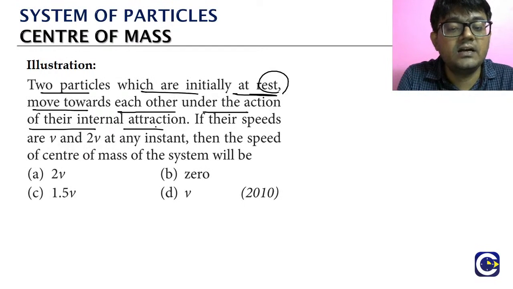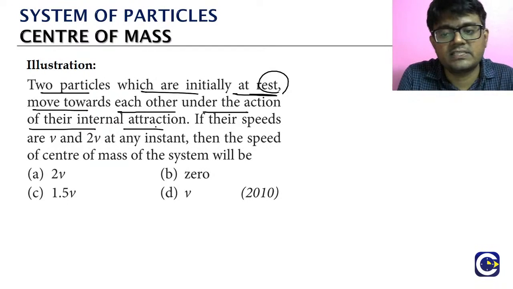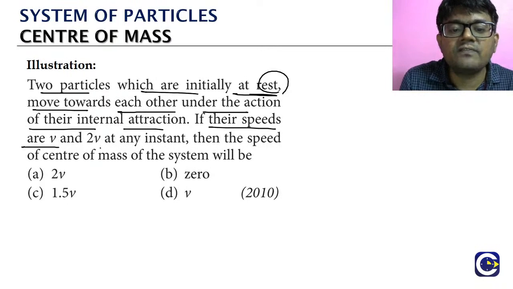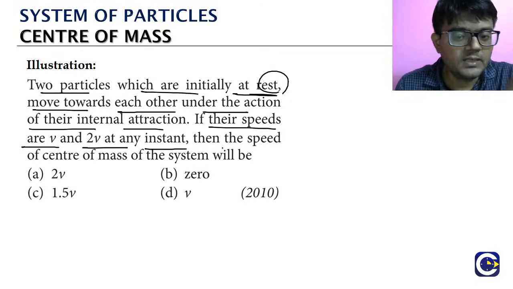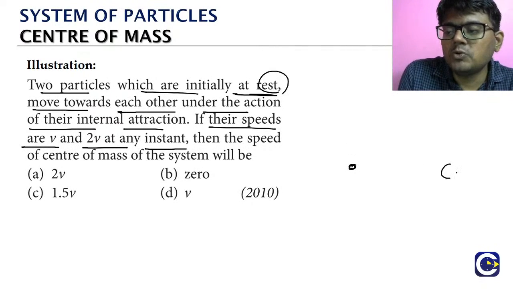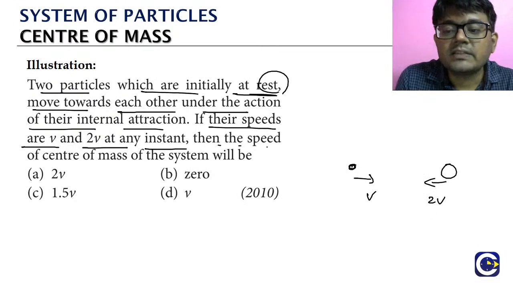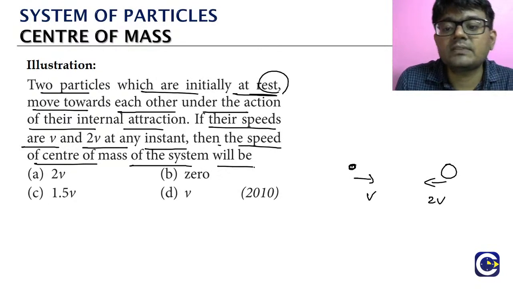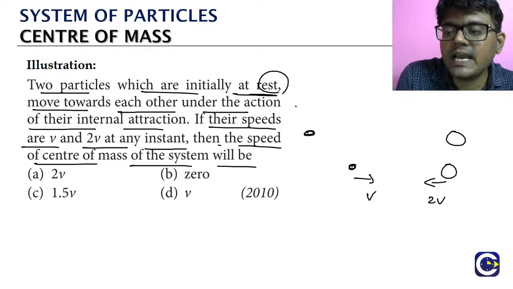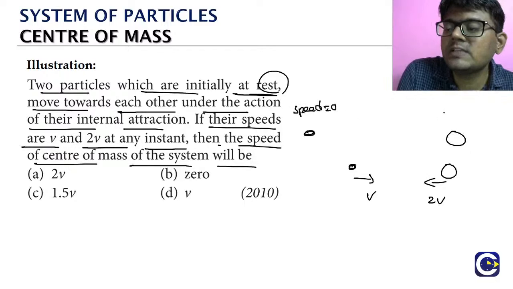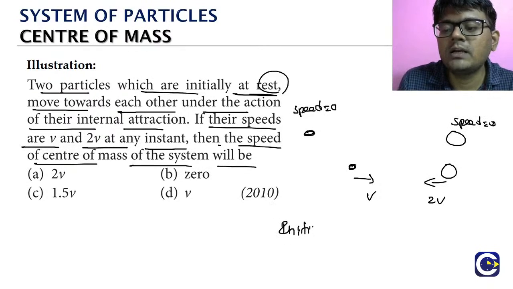If their speeds are v and 2v at any given instant, one of them having speed v and the second 2v, then the speed of the center of mass of the system will be, look, initially they are at rest. Rest means speed 0, so the initial momentum is 0.